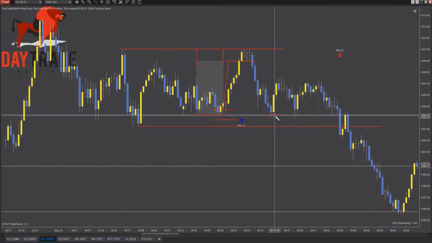So if you bought it here and it goes up here like this, let me stress one of the main principles of the box. This thing is designed to capture moves when the market is volatile. So it's really a tool that you want to use to trade momentum. That's really what it's meant for.